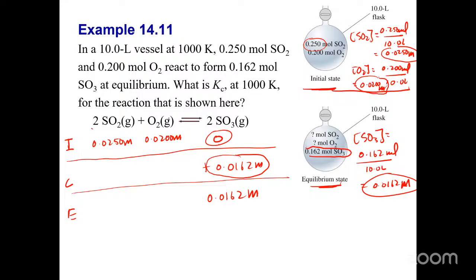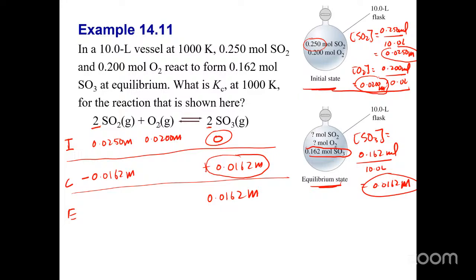There's a 2-to-2 mole ratio between the SO2 and SO3. So the change in the concentration of SO3 is plus 0.0162, which means that the change in the concentration of SO2 would be minus 0.0162 M, because the SO2 is reacting.